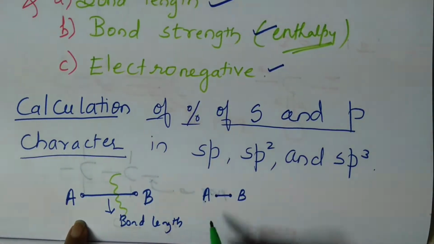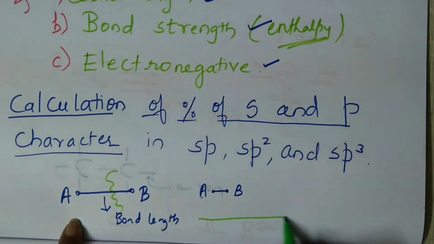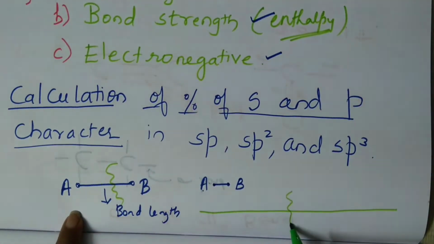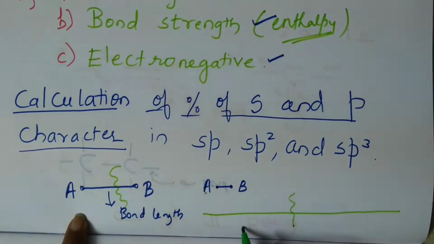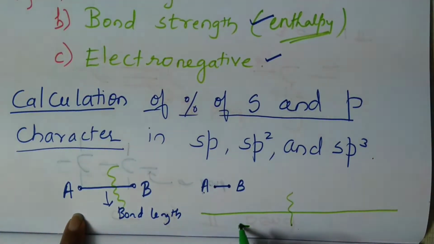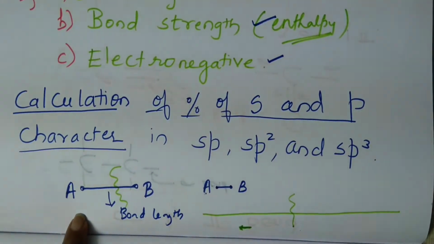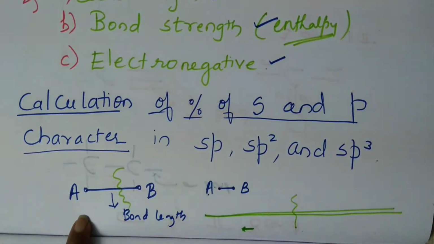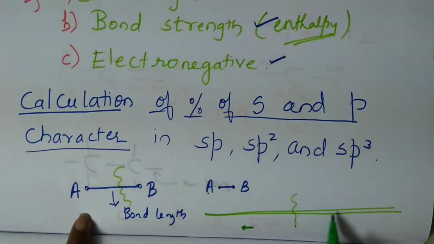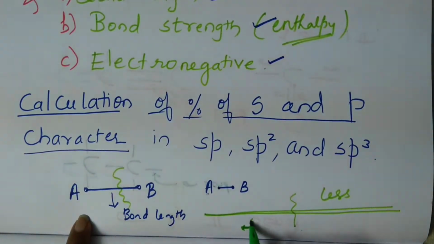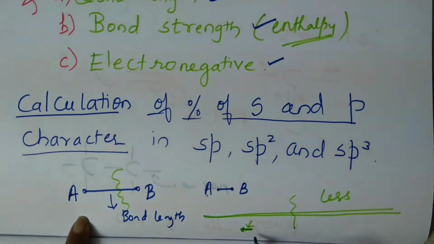For example, if you have a long stick, what is the amount of energy you require to break this bond, compared to breaking a small piece of pencil which I have written here? Energy required to break this long stick is less compared to energy required to break this small pencil.